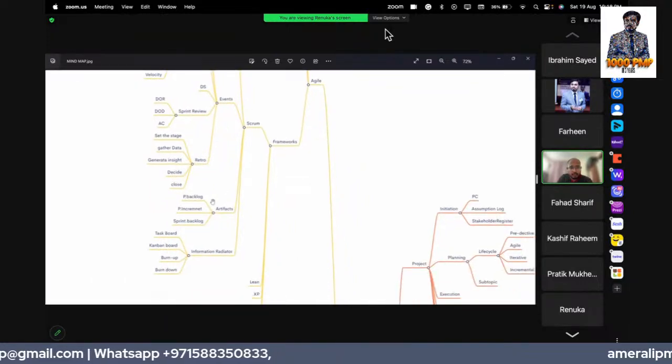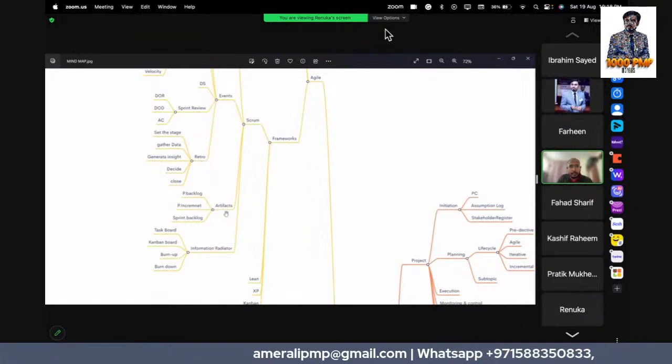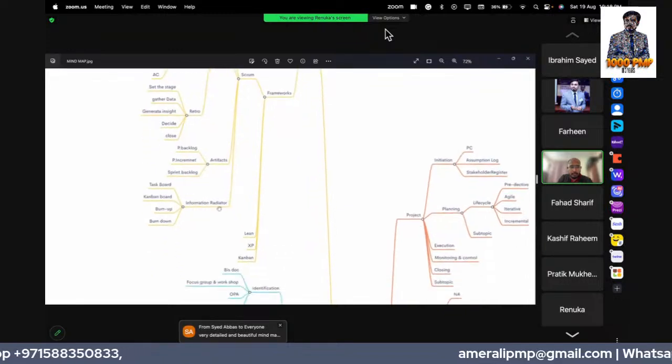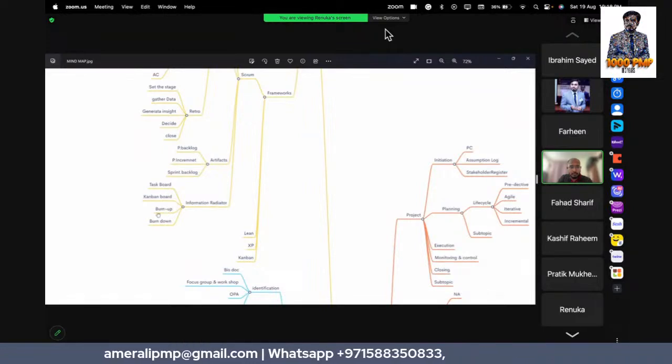Sprint retrospective is also called the lessons learned. In Scrum, we have artifacts, which are documents. 3 documents we have: product backlog, product increment, sprint backlog. And there are information radiators, which are the task board, Kanban, burn up chart, and burn down chart.